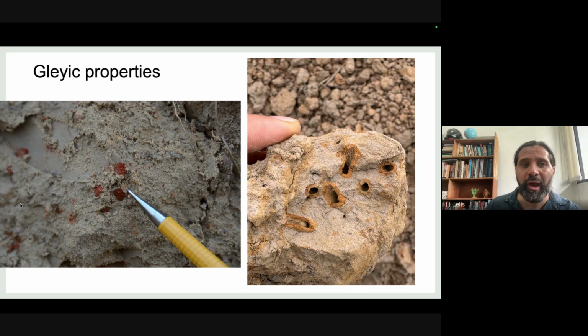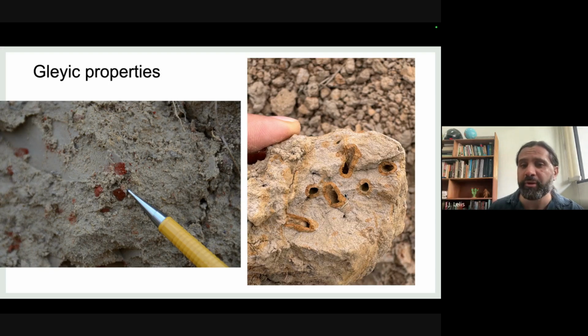So the soil has this grayish color because of the dominance of iron 2, dominance of reducing conditions, but in the voids we have some oxygen that could produce oxic features, could oxidize iron, and then we have iron 3, okay, with these reddish, yellowish, and sometimes dark colors because of the manganese too.